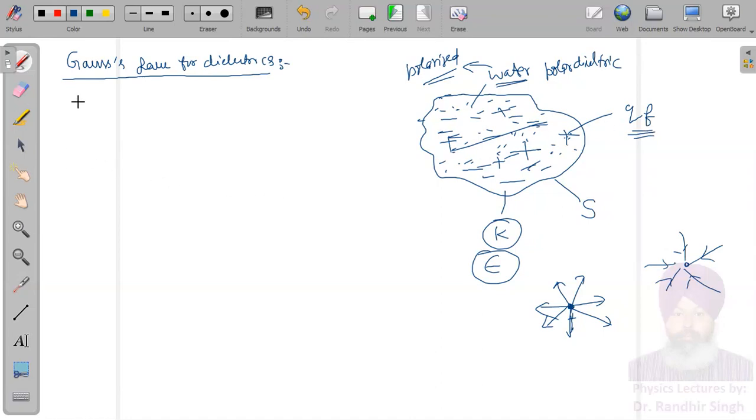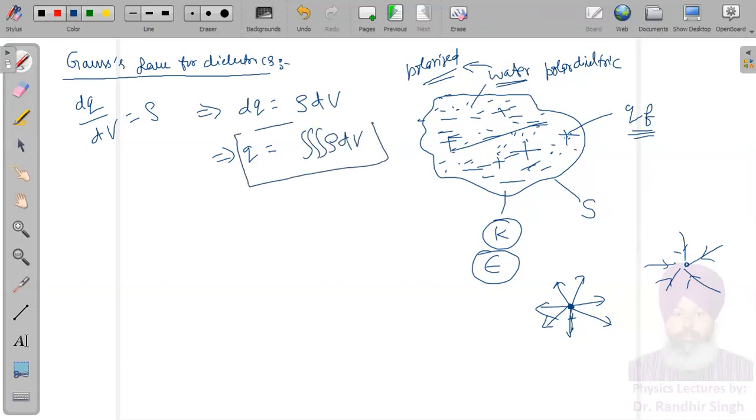The free charge is given by dq upon dv is equal to rho, and I can write dq is equal to rho dv, and therefore q is equal to triple integration of rho dv. So this is a general expression for total charge. Now the charge in this surface is of two types. One is the free charge. If I use this equation star for the free charge, the total charge on these iron particles filled in water, then total free charge will be triple integration of volume charge density of free charges and the volume.